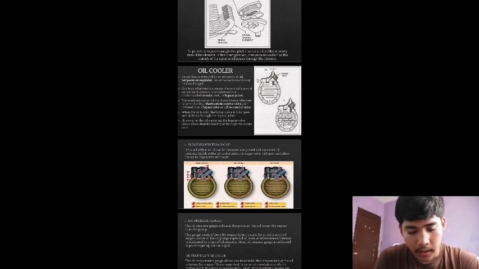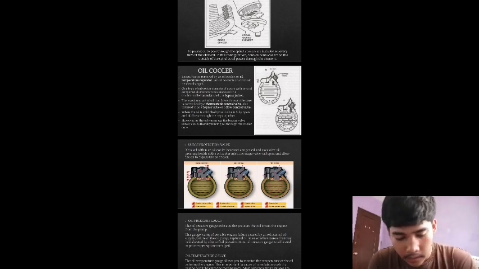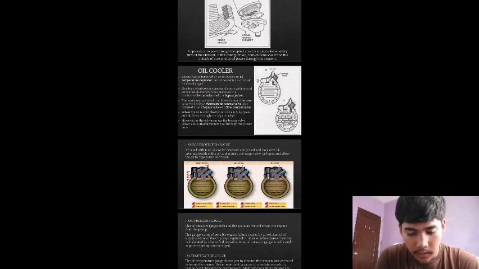This is important because oil circulation cools the engine as it lubricates the moving parts, and most oil temperature gauges are calibrated in degrees Fahrenheit and sense oil temperature at the engine oil inlet.